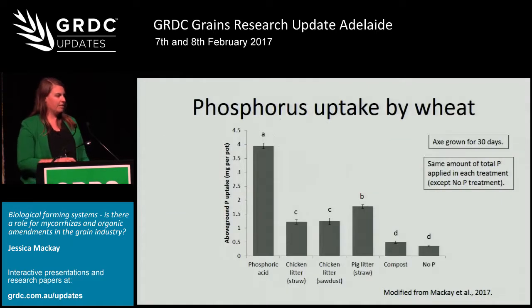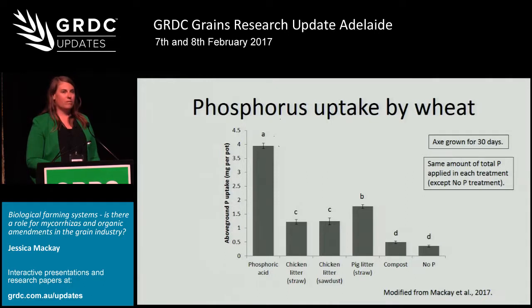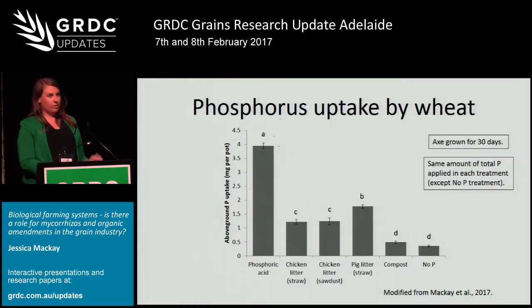I then tested this in a pot experiment in which I applied these organic amendments at the same rate of total phosphorus. I also included a phosphoric acid treatment as a completely mineral phosphorus control, and a no phosphorus treatment.